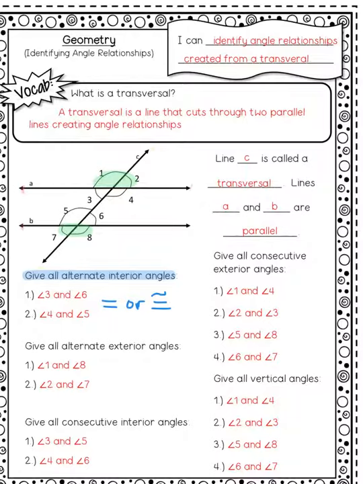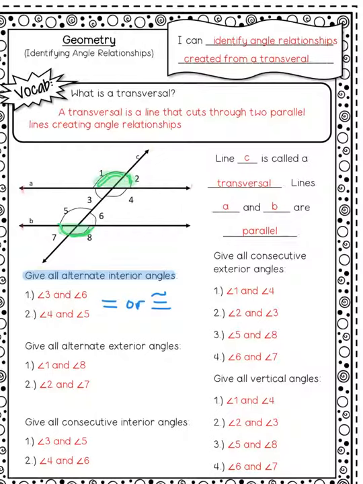If we look at those, angle 1 and angle 8 are both obtuse angles, and they're on one side of the transversal and 8's on the other. So they're alternating exterior. Also, angle 2 is acute. So is angle 7, and they're exterior angles on the opposite side of the transversal.